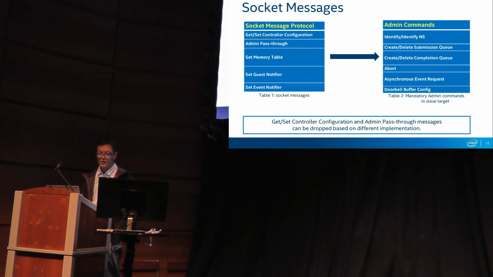It is used to kick-start the NVMe device and to disable the NVMe device. So this is the existing implementation. For the future plan, I think it is not quite accurate to add the two vhost messages into the existing vhost library. It may not make sense. So in future, we may drop the two messages based on a different implementation.